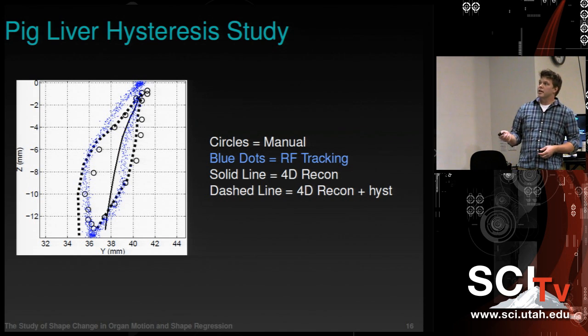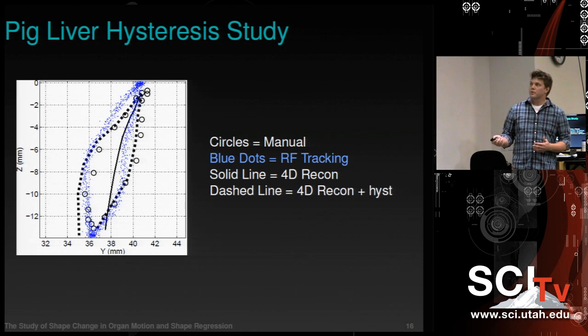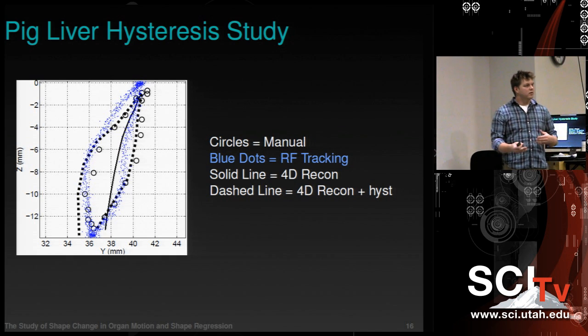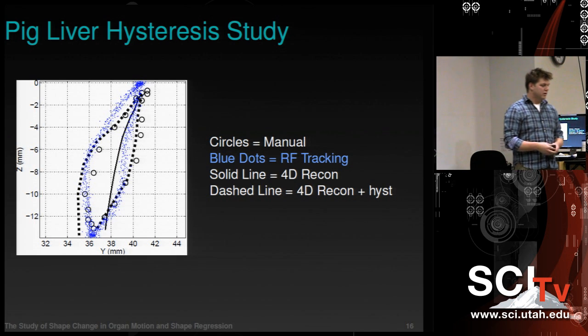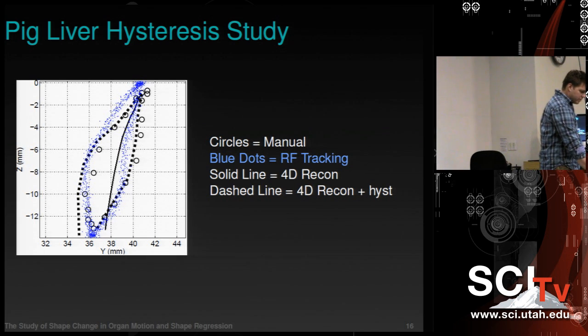And the result is this dashed line. So you see now that we're really nailing the deformation for most of the whole loop. And the only problem with this that we've seen so far is that the opposite end doesn't exactly close back up. So we're off by about 1.5 millimeters to 2 millimeters here at the far end. But we were able to improve our estimate quite a bit.